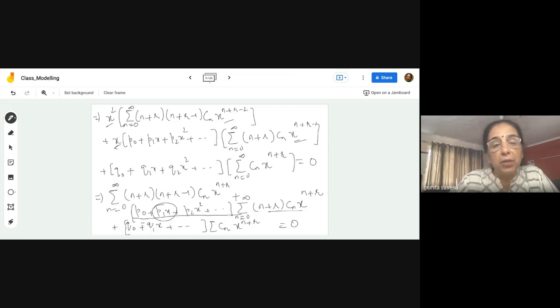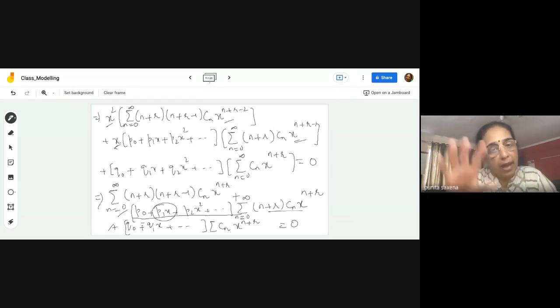The point is that from these three expressions that we have written, the smallest power of x will be r. What will be the next term? x to the power r plus 1, so we'll have more terms there. Then x to the power r plus 2 and so on. Now, in the earlier cases, we used to collect the coefficients and get a recurrence relation. But in this case, we are more interested in finding the value of r first, and then depending upon the value of r, we are interested in finding the recurrence relation.